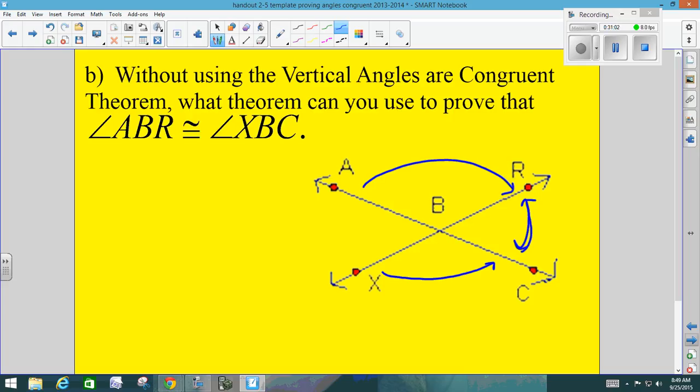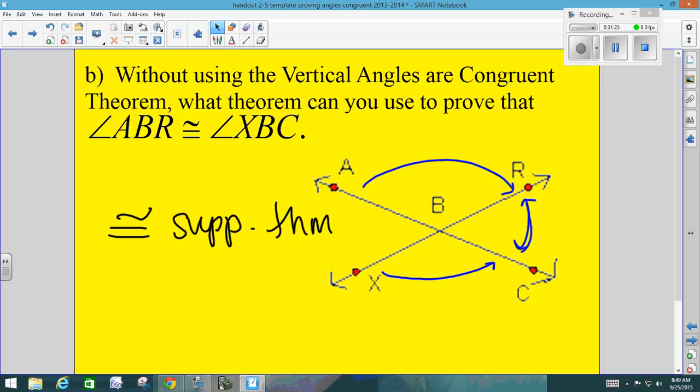Okay, so at the very top of the previous page, it said, if two angles are supplementary to the same angle, then these two angles must be congruent. So we can use the congruent supplements theorem. Two angles supplementary to the same angle are congruent.